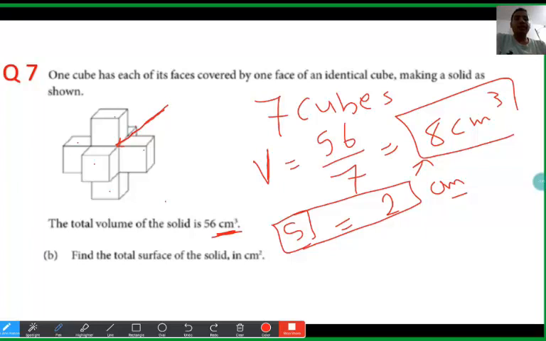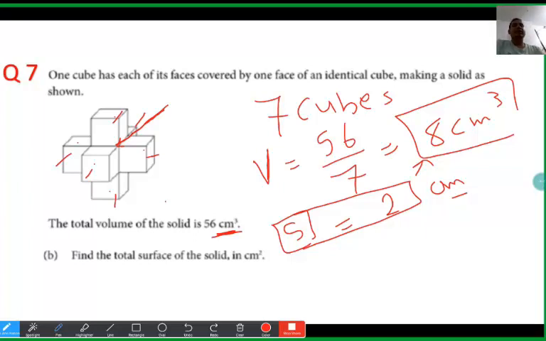Let us check how many cubes appear: 1, 2, 3, 4, 5, 6. 6 cubes are clear. So we're going to find the surface area of these 6 cubes. But notice each cube has one face that is hidden, connected to the inside cube.